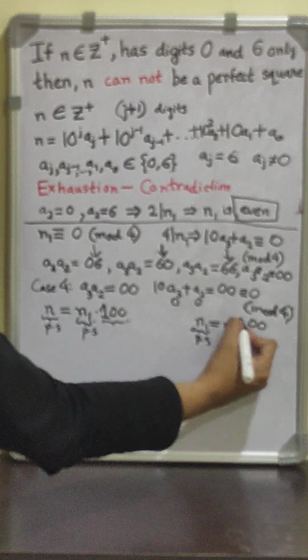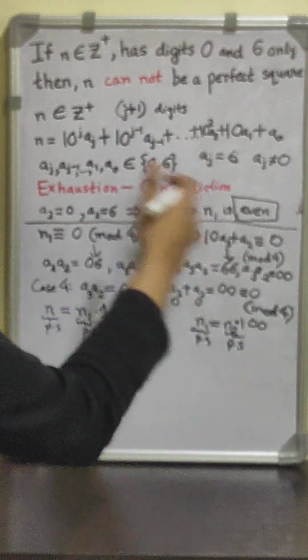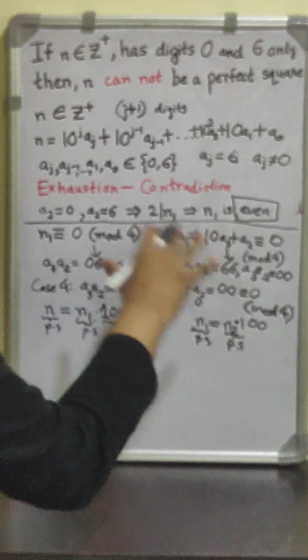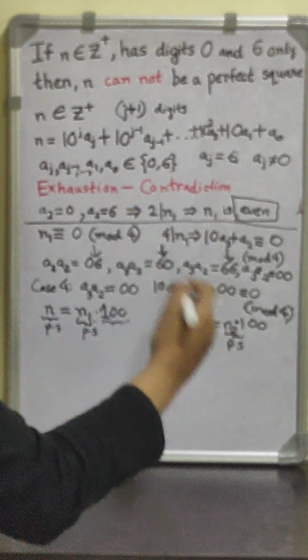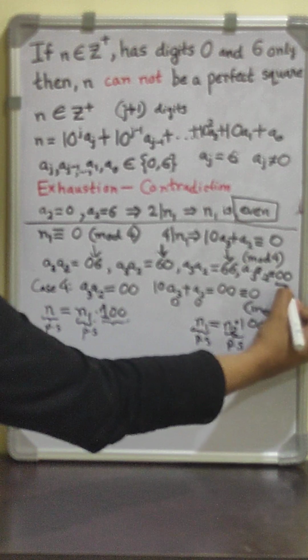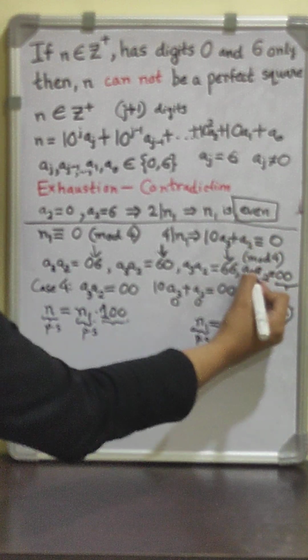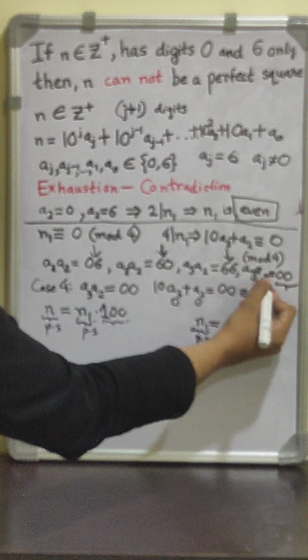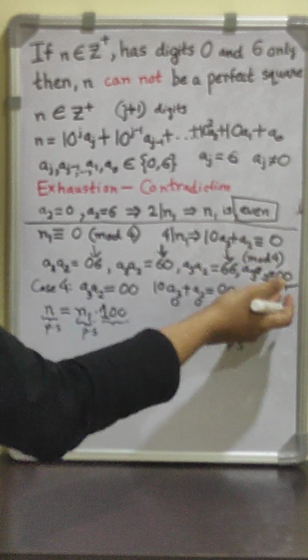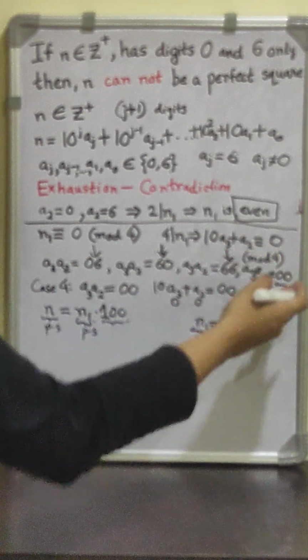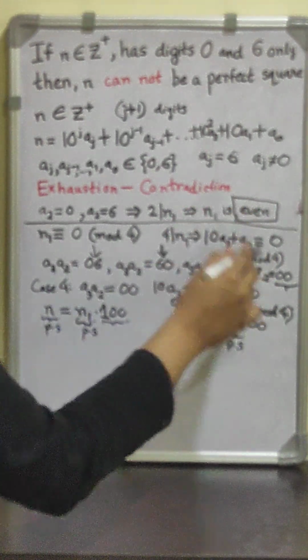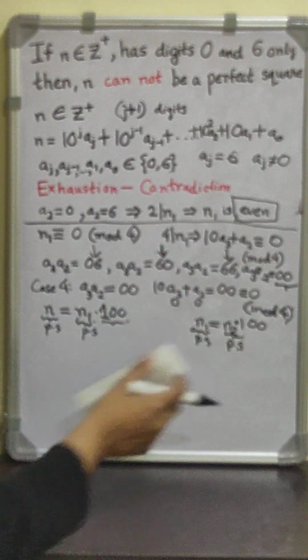N2 again. And once again, I can repeat all of this, everything I did for n, everything I did for n1, and I will end up with just this one case. Like maybe instead of a3, a2, this will be a5, a4 for n2, those would be the last two digits, but I will end up exactly there.